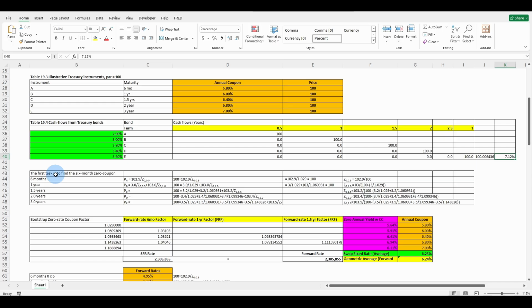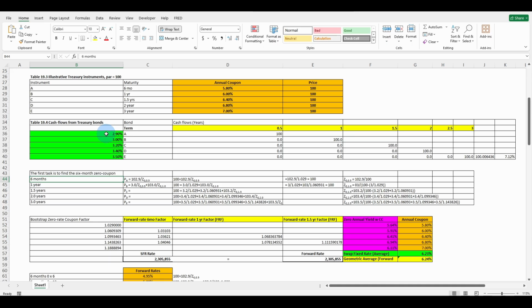The first task is to find the 6-month zero coupon. 6 months, 1 year, 1.5, 2, 3. This is going to be based off of our equation: 100 equals 102.9 divided by Z0.5.